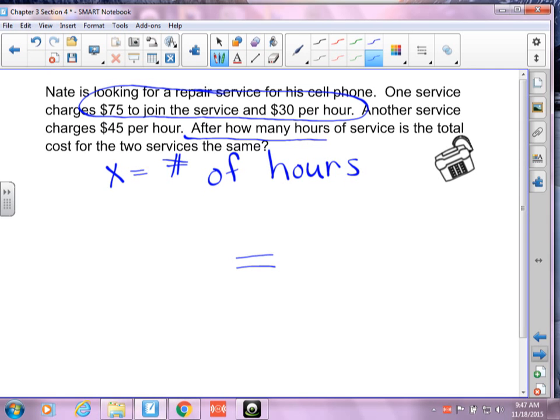Yes, very good. It's 75 because that's like the flat fee just to join. And then it's $30 per hour. Okay? Now I'm going to go to the other part. The other service just charges $45 per hour.